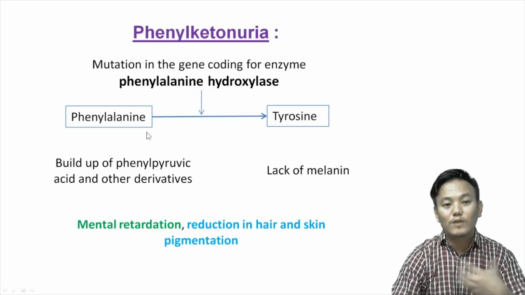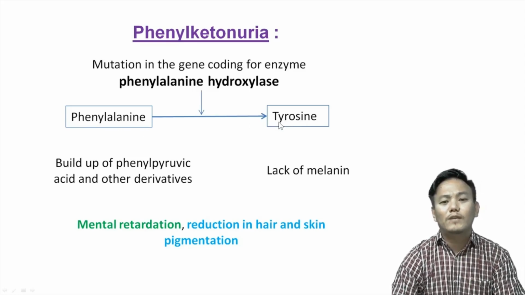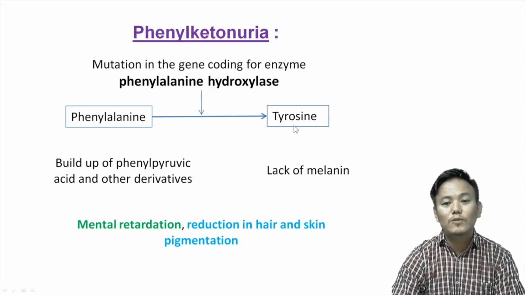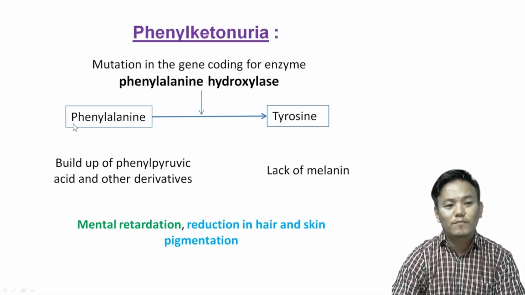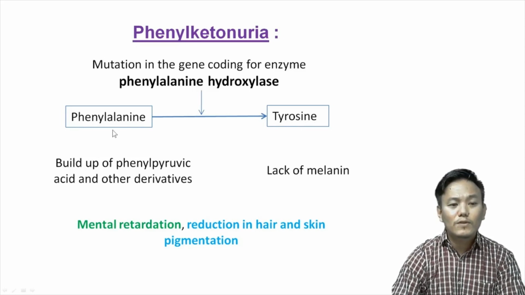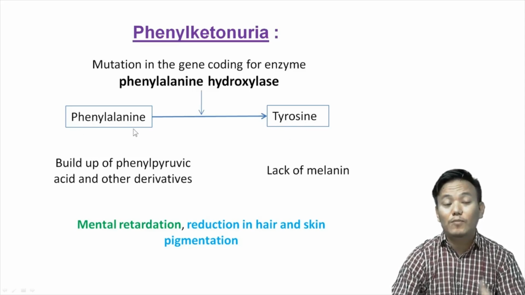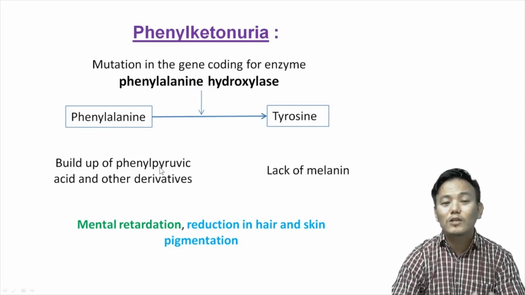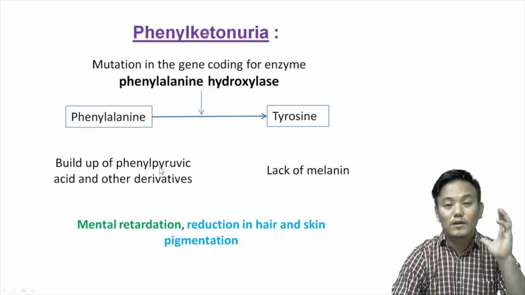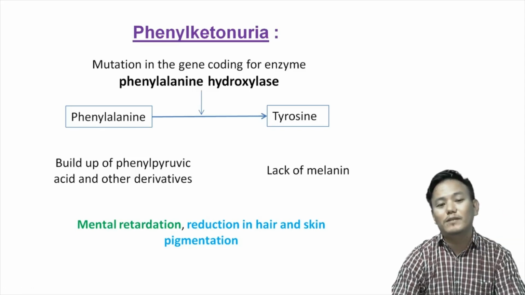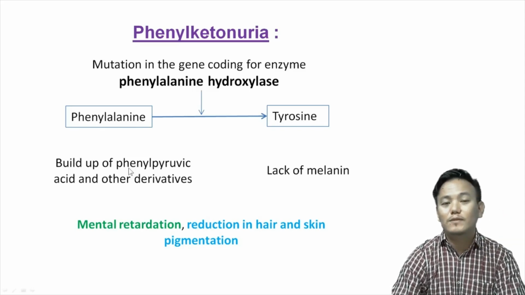So the concentration of phenylalanine will increase in your blood, and there will be less tyrosine in your blood. What will be the effect? Because of this buildup of phenylalanine, phenylpyruvic acid and other derivatives, which are toxic for brain development, they hamper brain development.